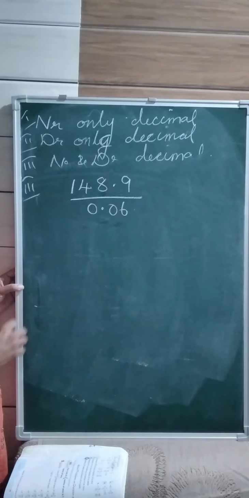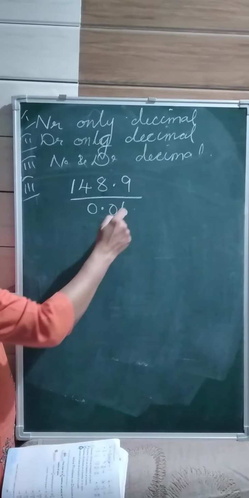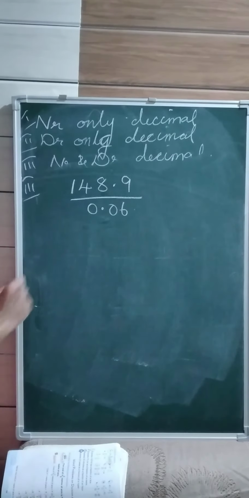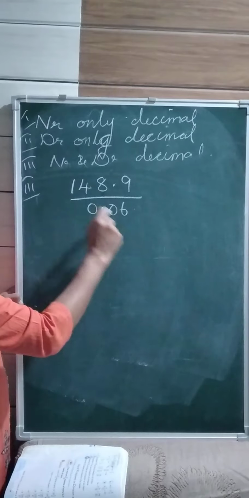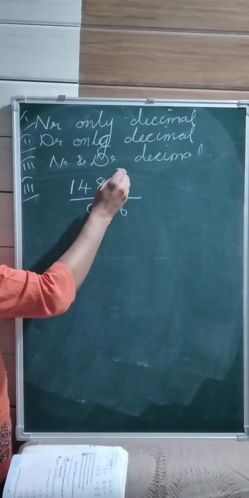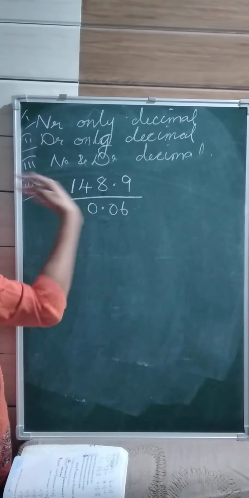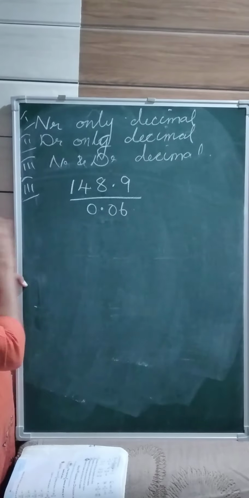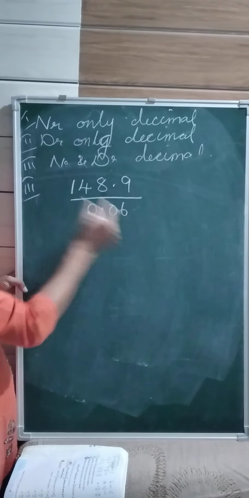How can we divide this one? For this, you only have to count the denominator. Neglect the numerator; only check the denominator and count the decimal digits.